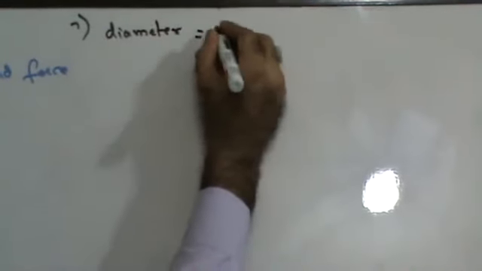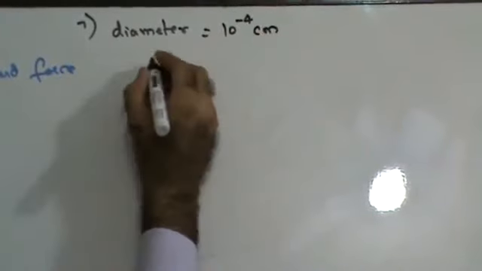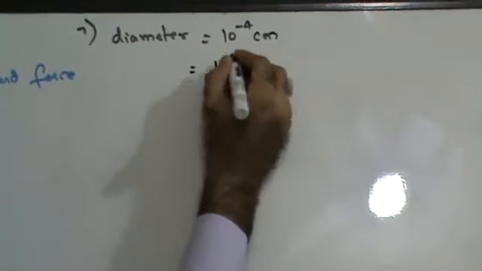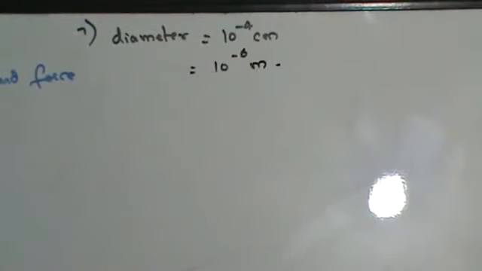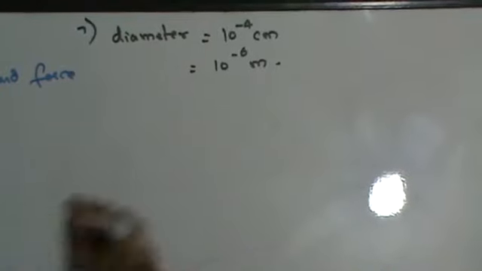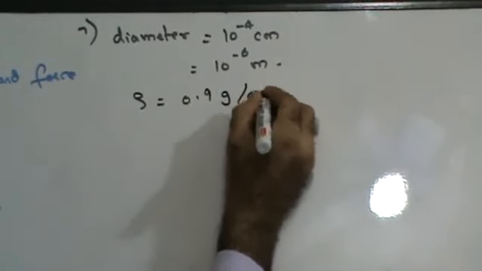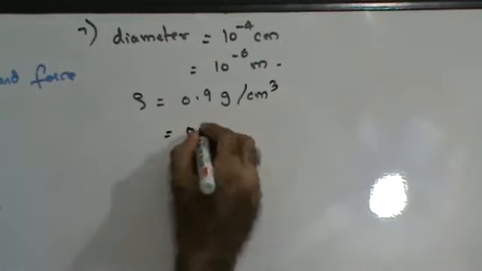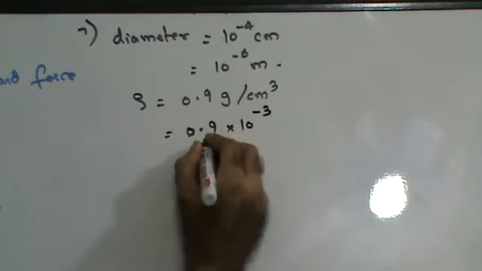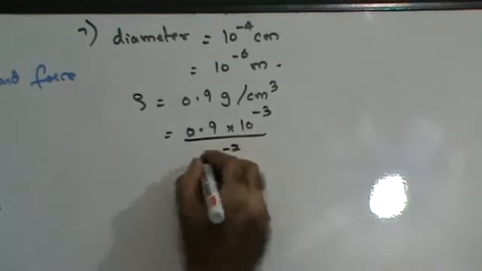In Millikan's experiment, a drop of diameter 10 to the power of minus 4 centimeters has a density of 0.9 grams per centimeter cube.